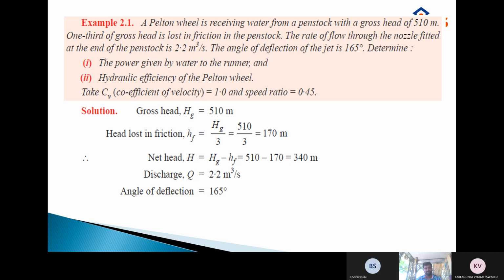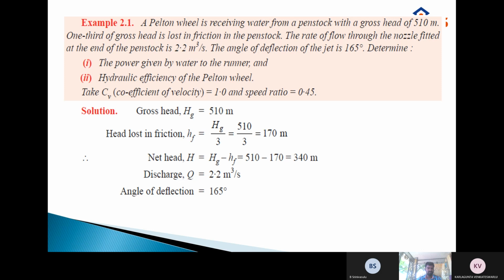The rate of flow through the nozzle fitted at the end of the penstock is 2.2 meter cube per second. The angle of deflection is 165 degrees. Determine the power given by the water to the runner and the hydraulic efficiency of the Pelton wheel. Take Cv equal to 1.0 and speed ratio equal to 0.45.